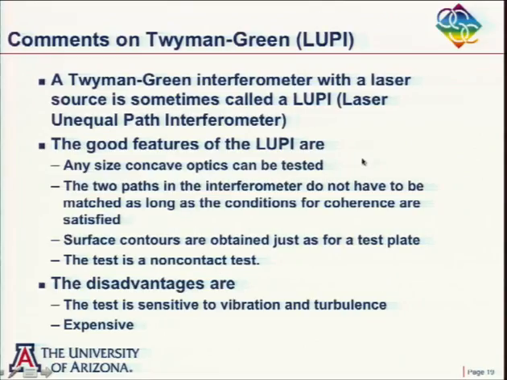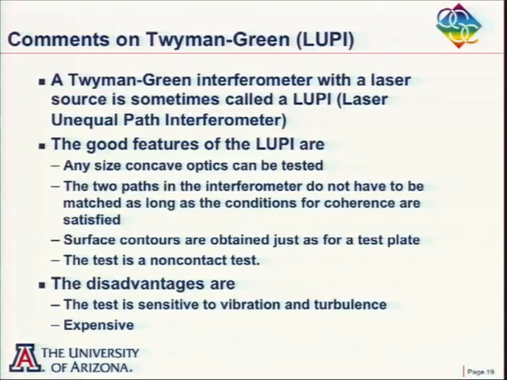So that's nice. The two paths in the interferometer do not have to be matched as long as we have coherence. If we use a single mode laser, single longitudinal mode laser, then this is wonderful. You don't have to worry about matching paths at all.